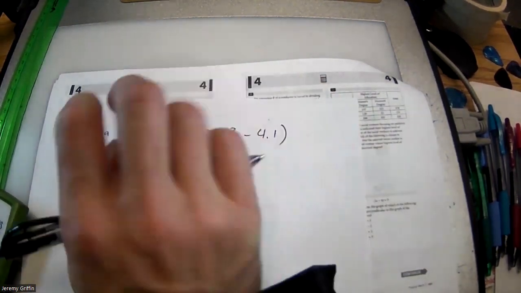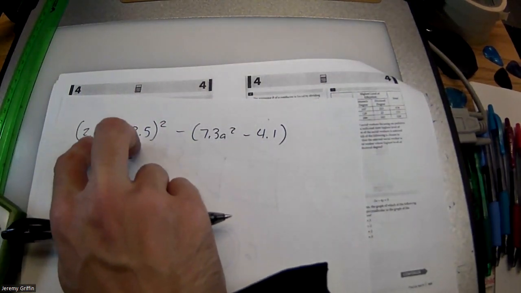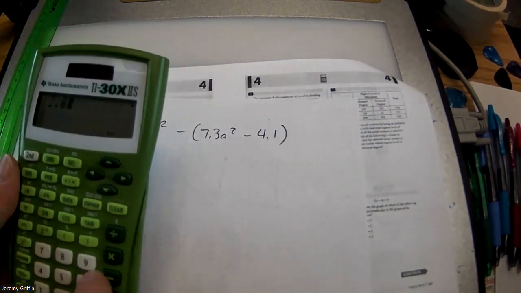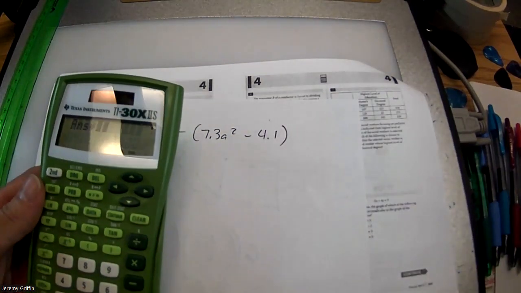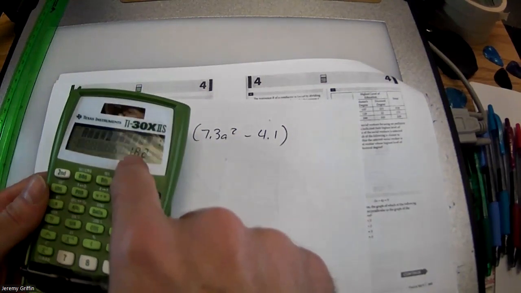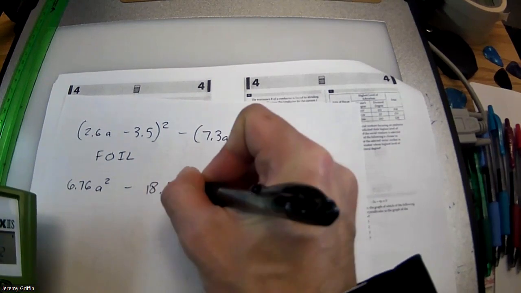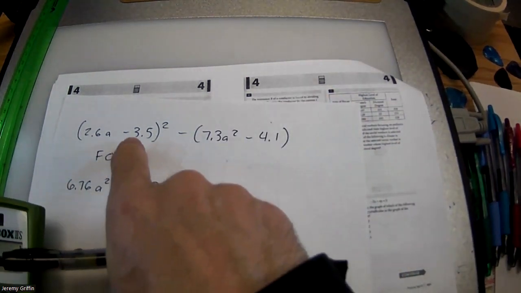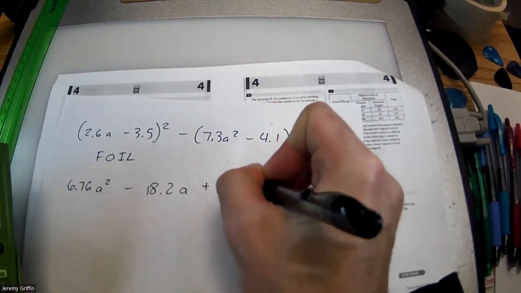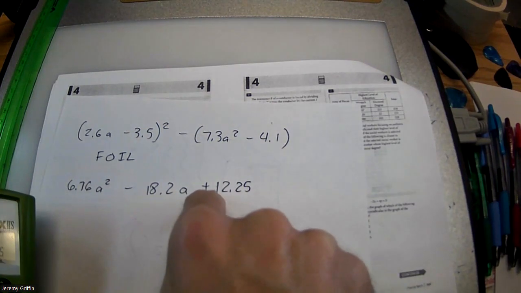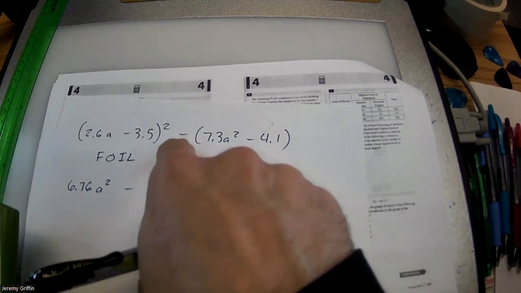And then outside and inside, that would just be this times this plus this times this, so this times 2. 2.6 times 3.5 is 9.1, but I need to double that because of outside plus inside, and also make it negative and tag on the a. So that's minus 18.2a. And then 3.5 squared is 12.25. That's the last term, and it's always going to be positive because negative times negative is a positive. But we still need to subtract it.